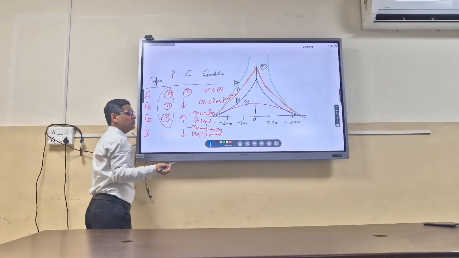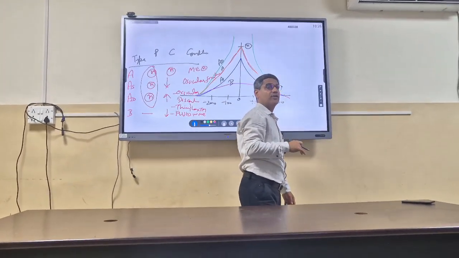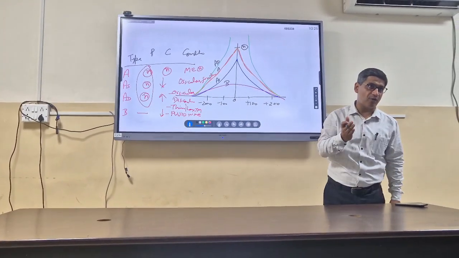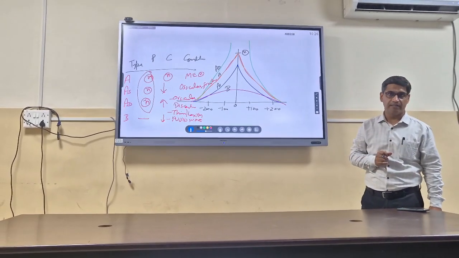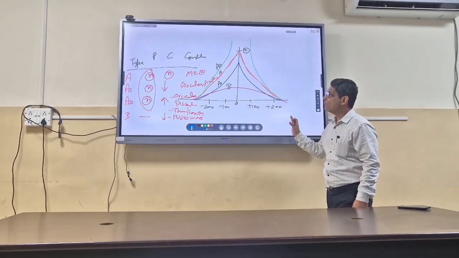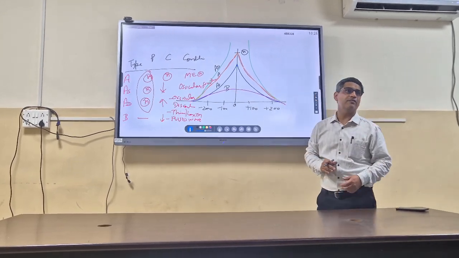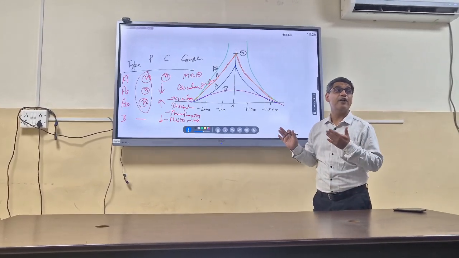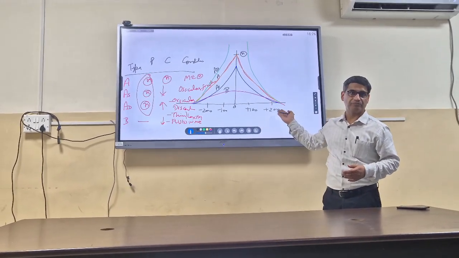So any cause of fluid, it can be serous otitis media, it can be even fluid in acute suppurative otitis media, or it can be seen in a traumatic case where there is hemotympanum, that is fluid collection in the middle ear. Okay, so in that case we get a type B curve where there is no identifiable peak. Here there is no peak, the pressure is almost the same.